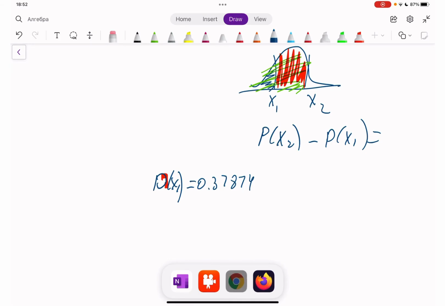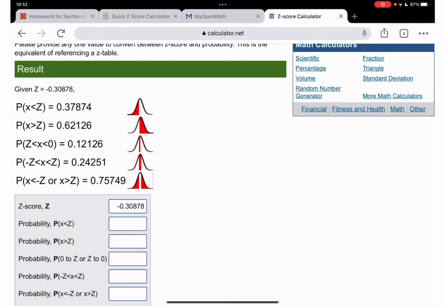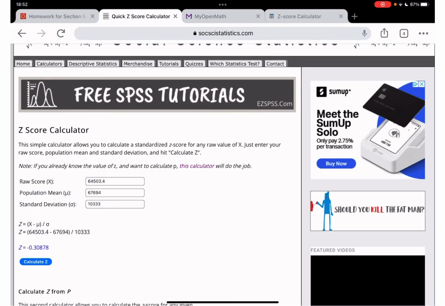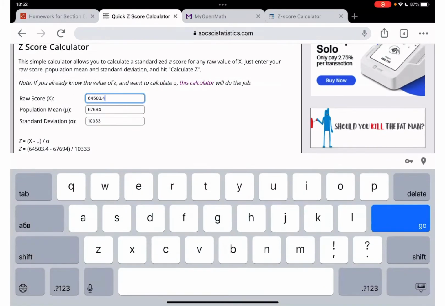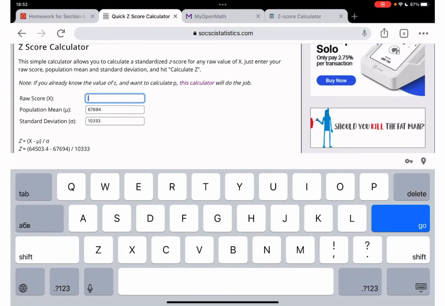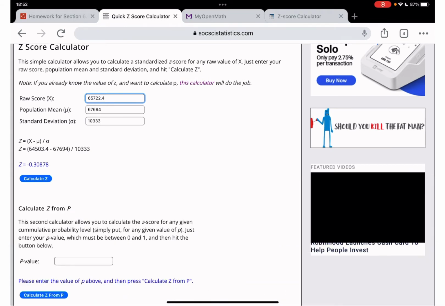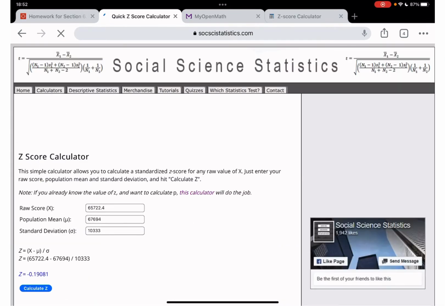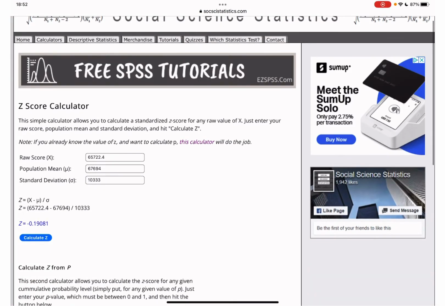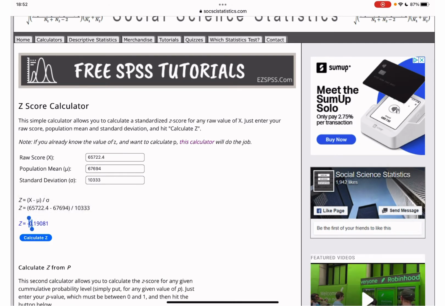Now moving to second case. I already copied. Let me paste it too, and also 0.4 here. Let's find probability. Here is z-score. This is our z-score. Copy.